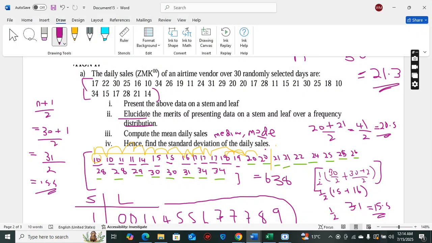Some people have a photographic memory. They just remember, oh, that day, this question, I saw 21.3, 638, 15.5. You just remember the answers, but how to get the answers?